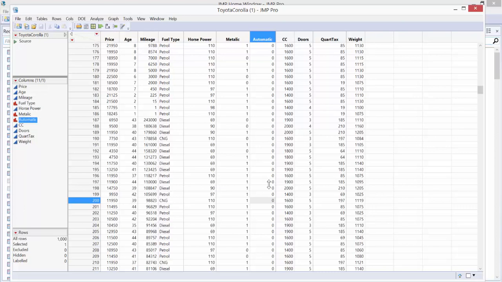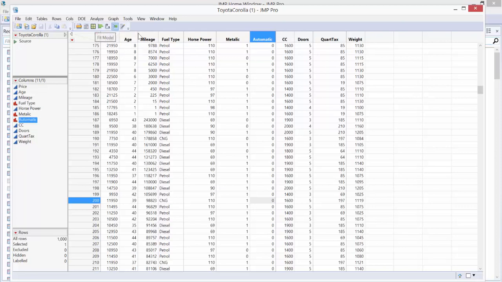Let's actually go ahead and see if we can use these variables in the model, okay? But before we do that, let's first build the model, and then I'm going to discuss how exactly JMP uses the categorical variables, such as fuel type, metallic car, and automatic transmission. So let's go ahead.